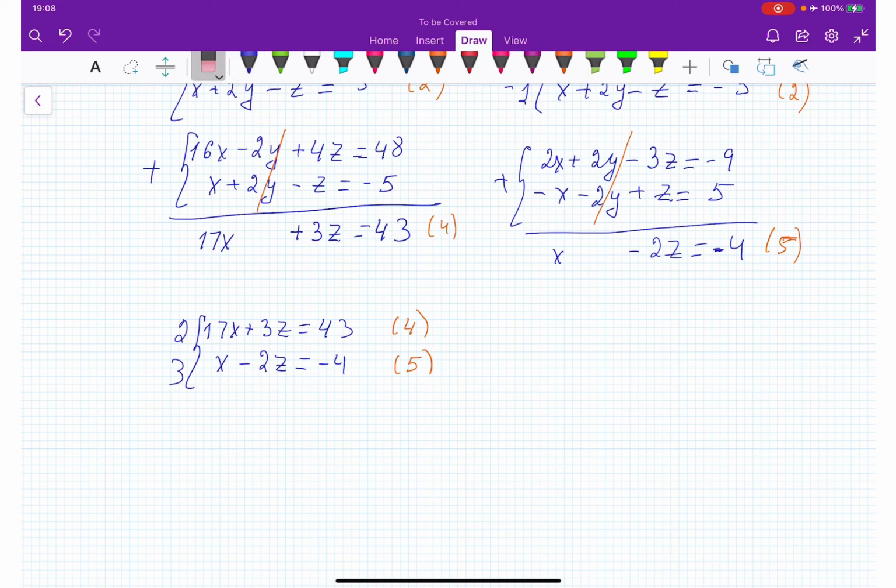So I am choosing to work with z, multiply both of them. Why? Because actually if I multiply by 17 only the second one, let's do it the other way. So multiply this one by negative 17. This way I have to change only one equation. Let's see.